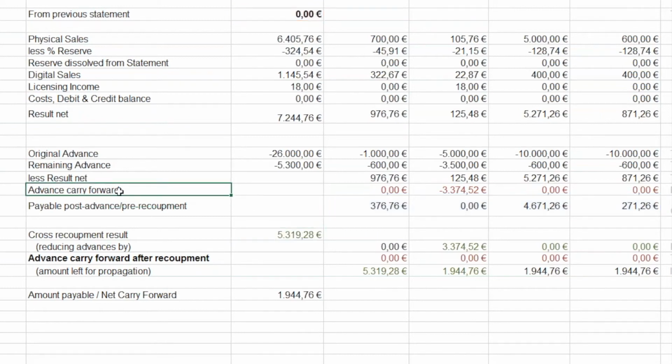We can carry forward advances, remaining advances. We can carry forward the result of operating, meaning a positive income or a negative loss result, which we want. And that's the user's decision to carry forward or not.